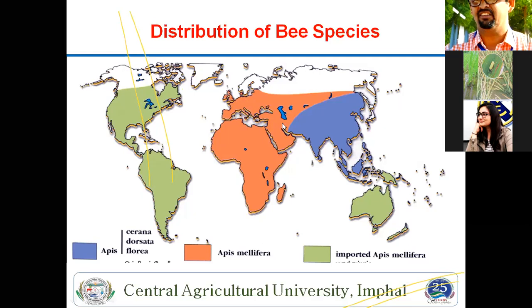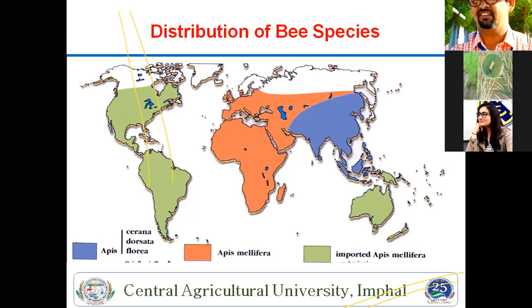Then next is our Apis cerana. Apis cerana originates from India. You see this is the area of Apis cerana, as well as dorsata and florea. All are found in these Asian countries. You see this is not going to other places, but Apis mellifera is distributed all over India. Apis cerana has 3 subspecies.